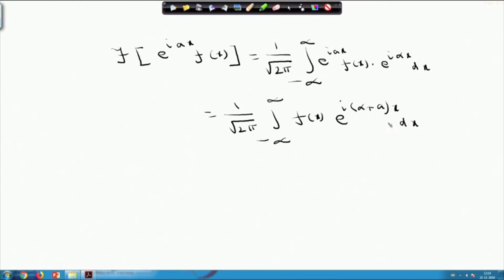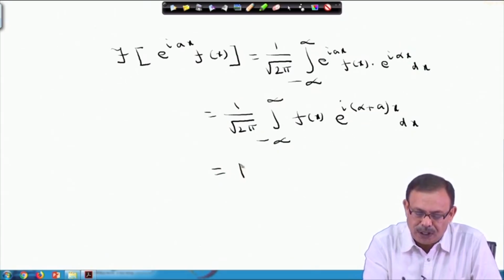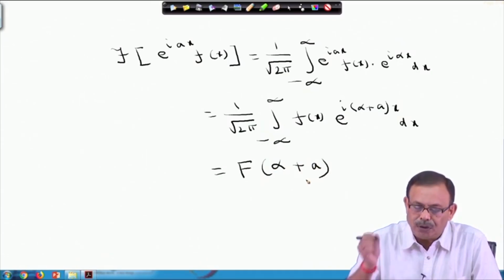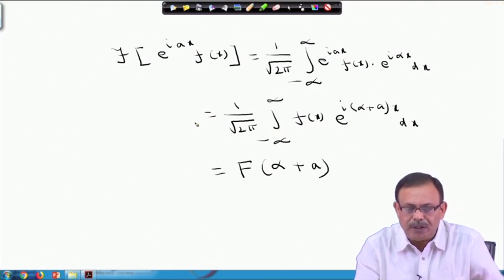Now see this integral. Here basically your α is α plus a. So from the definition of the Fourier transform of f(x), this is nothing but the Fourier transform of f at α plus a, because here α is replaced by α plus a, so that we complete our proof.